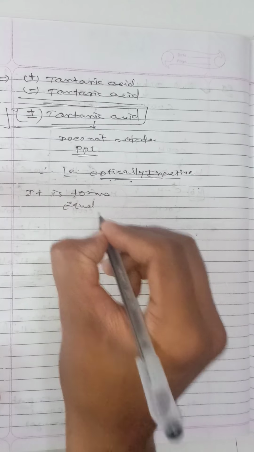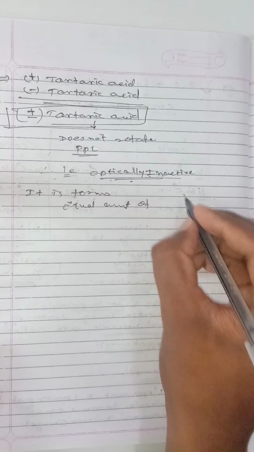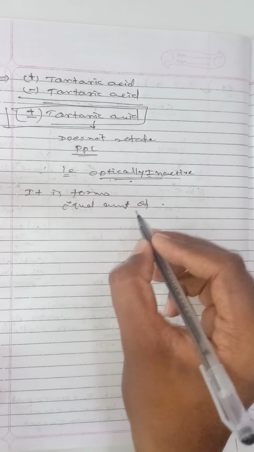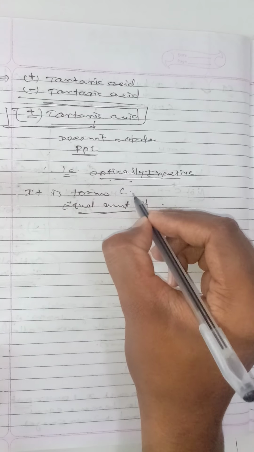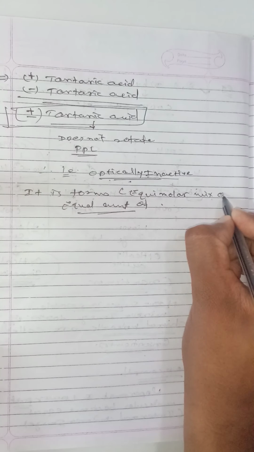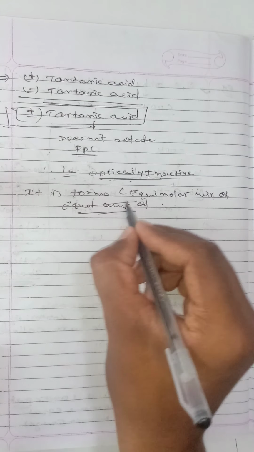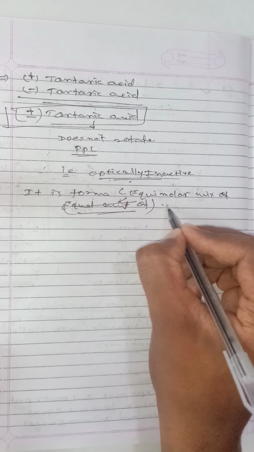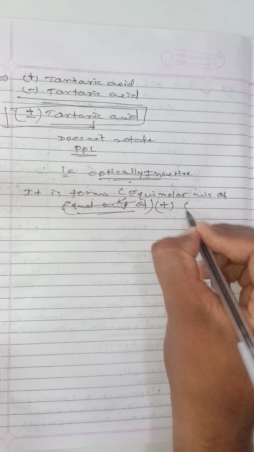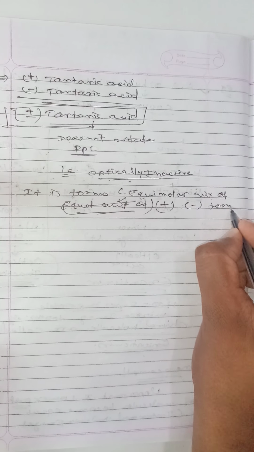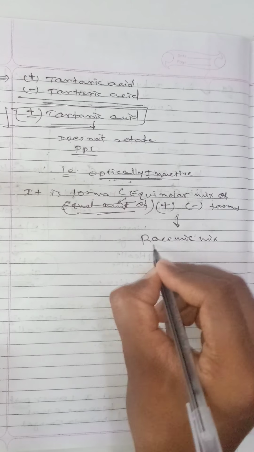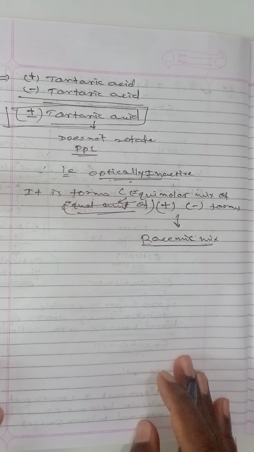This is for your understanding: an equimolar mixture of dextro and levo forms is called a racemic mixture.